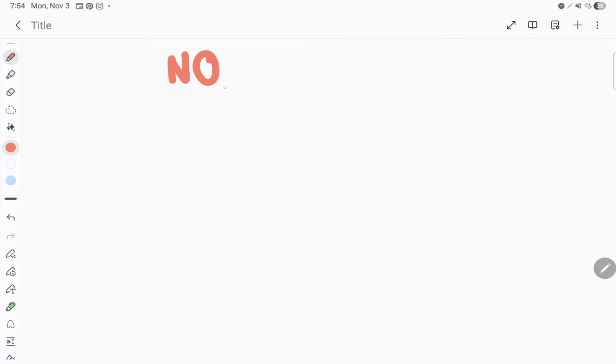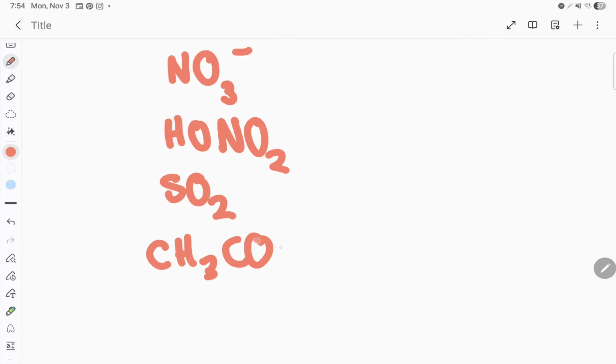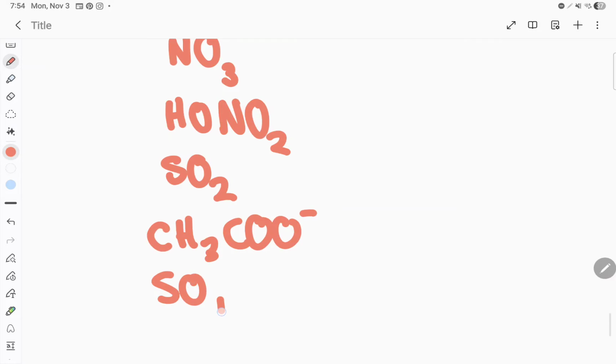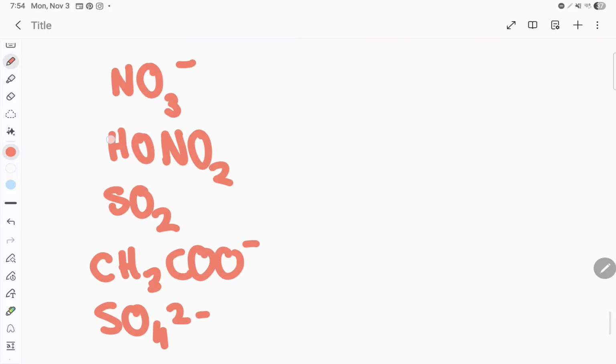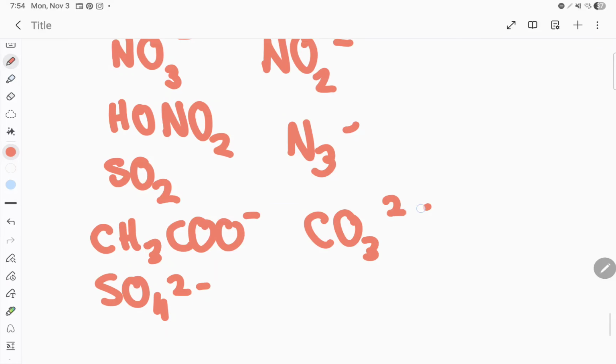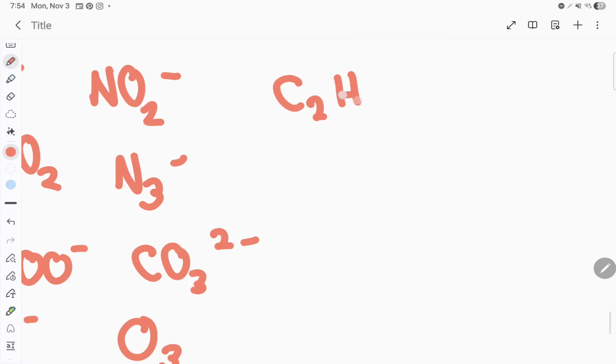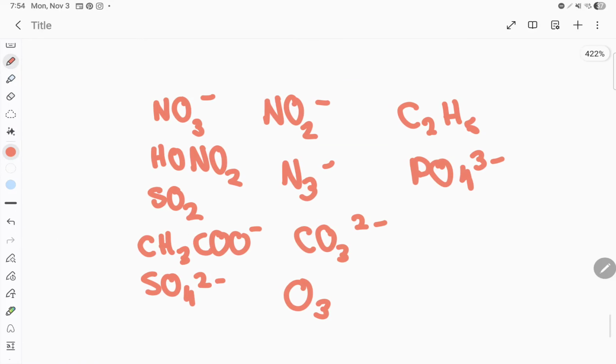The ones with resonance are NO3 minus, HONO2, SO2, CH3COO minus, SO4 2 minus, NO2 minus, N3 minus, CO3 2 minus, O3, then you have C2H6, then you have PO4 3 minus. These are all the ones that have resonance.